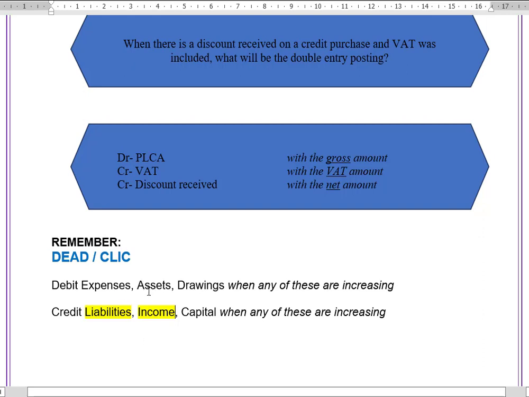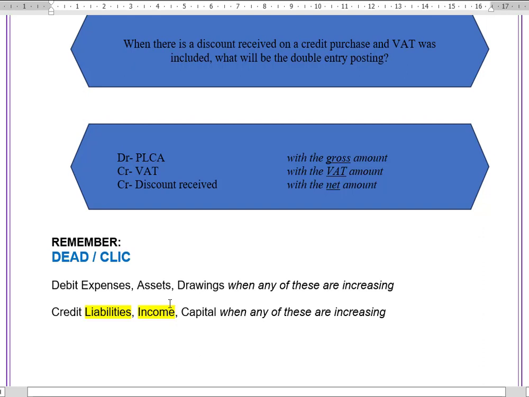But that asset, your VAT on purchases, is now reducing, because technically that VAT element on the discount that you have received, you're no longer utilizing it, or you were not awarded that discount anymore.